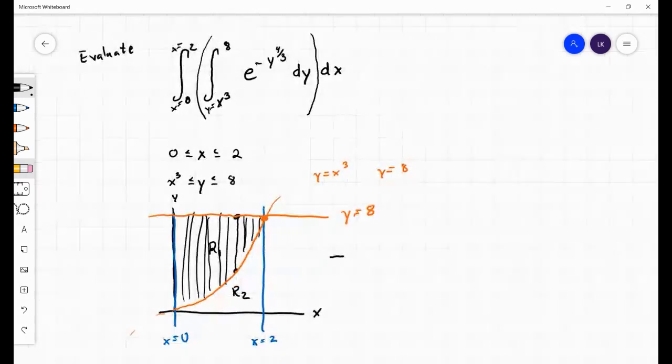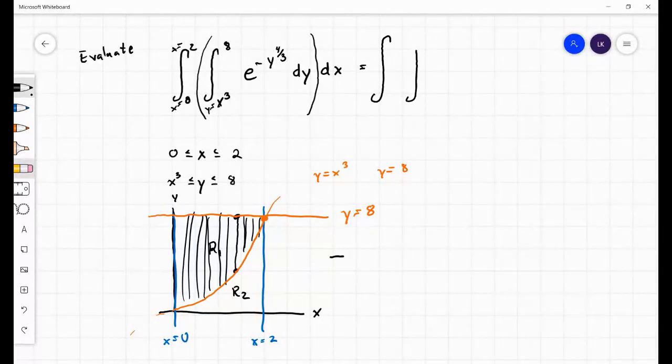So if we were to switch the order of integration in this iterated integral, what would the bounds for y be? Yes, very good. So y would go from 0 to 8. And what about the bounds for x?